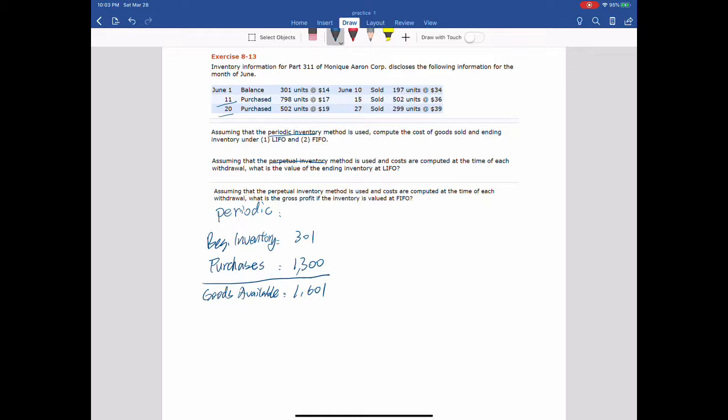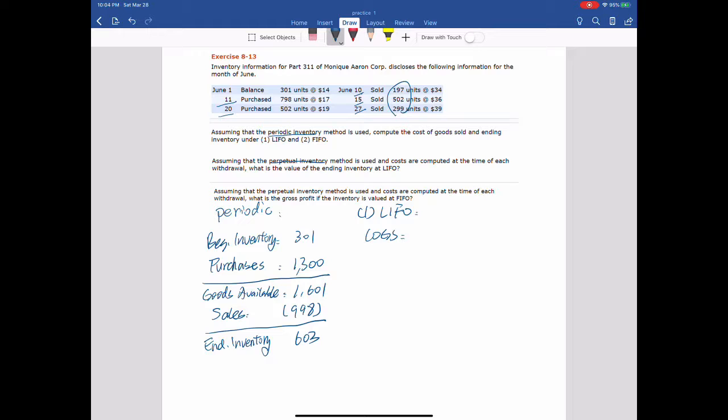There are three sales, on the 10th, 15th, and 27th. If you sum all three, the number of units sold is 998. The ending balance of the inventory will be 603.